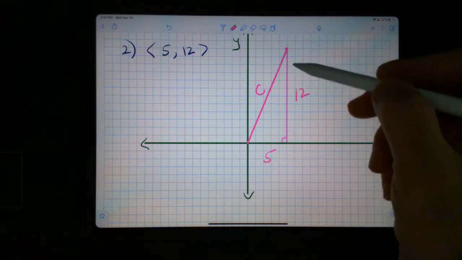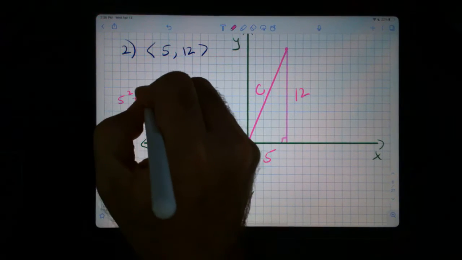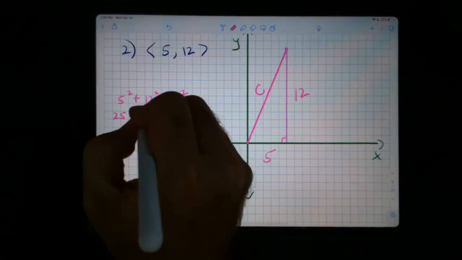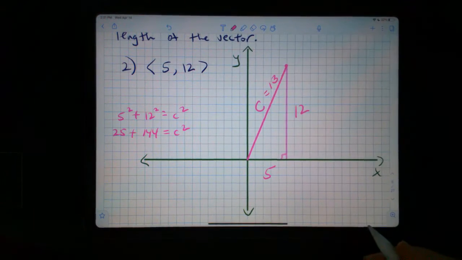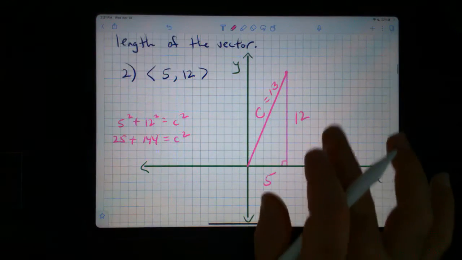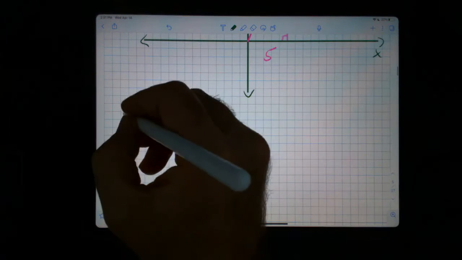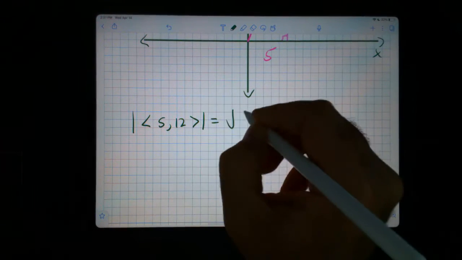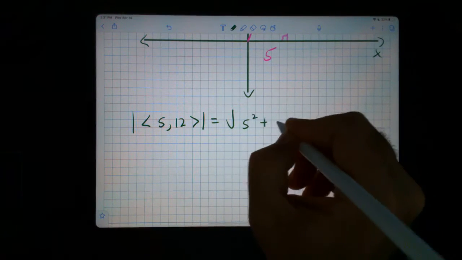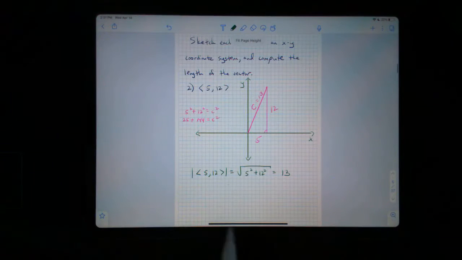So the distance from the origin to the point (5, 12) is 5 squared plus 12 squared equals c squared. So the magnitude of the vector, the size of the vector, is 13.